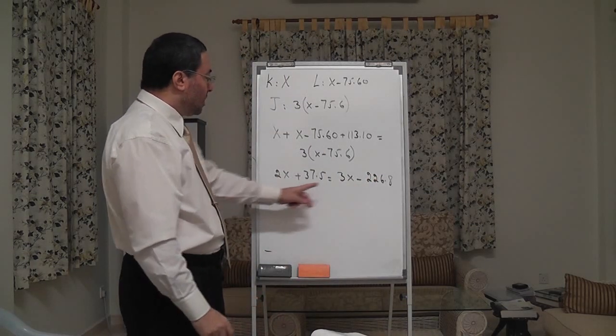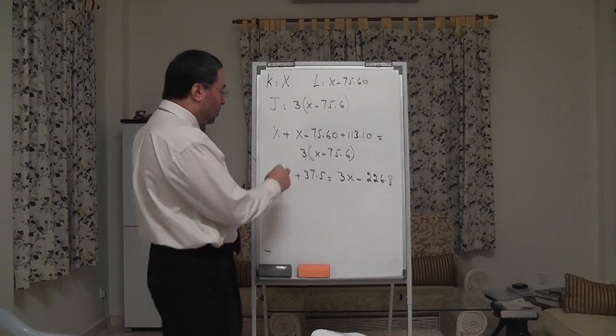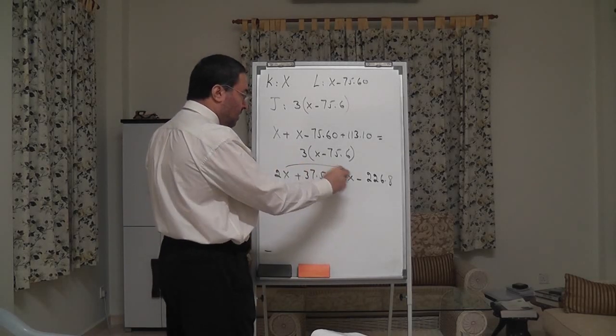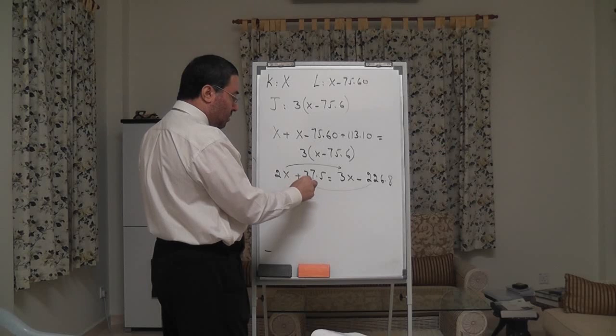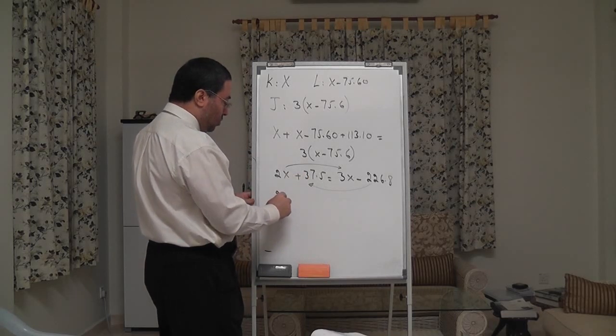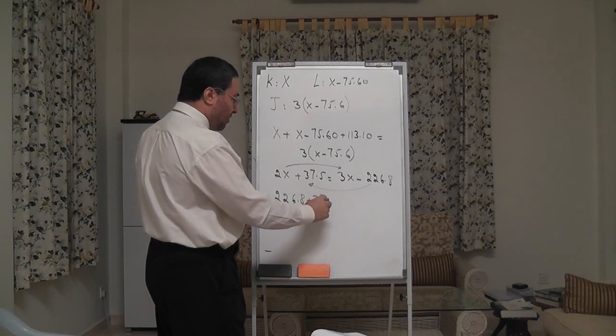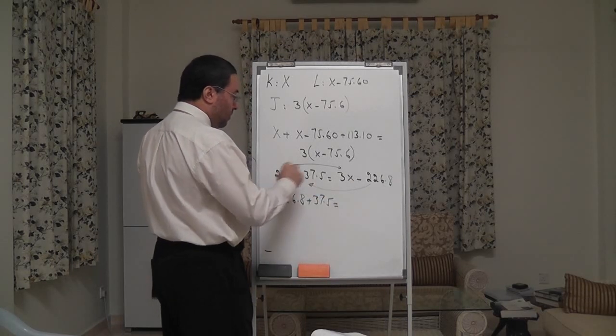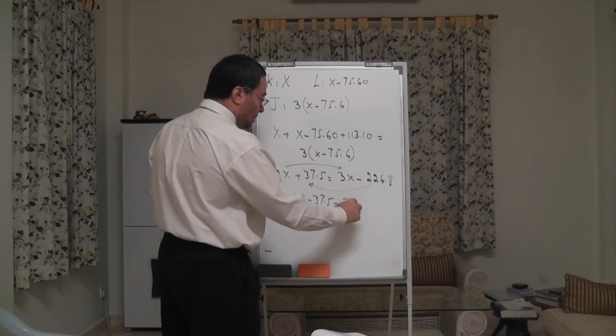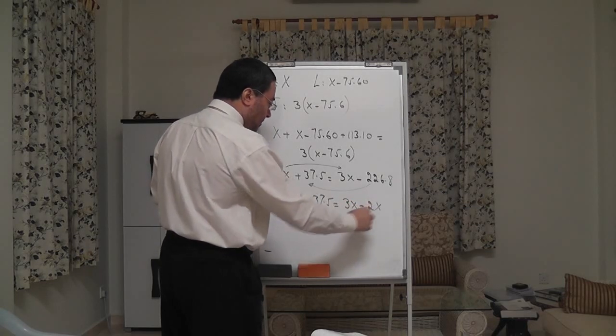Here it's better to deal with the positive numbers, so we get the 2x to this side and this negative number to this side. So we get 226.8 plus 37.5 equals 3x minus 2x.